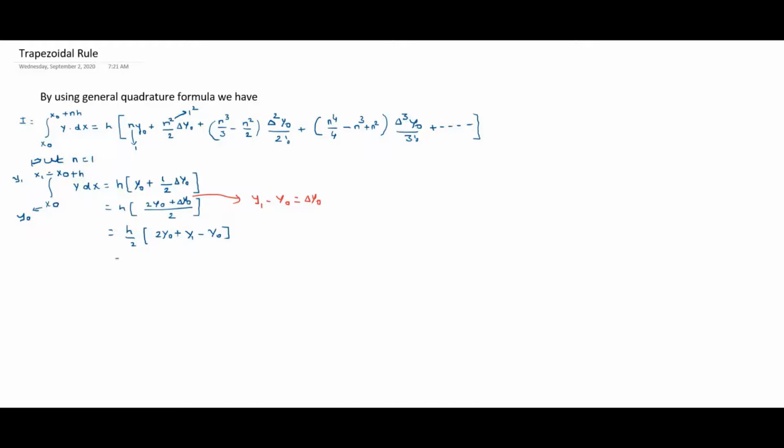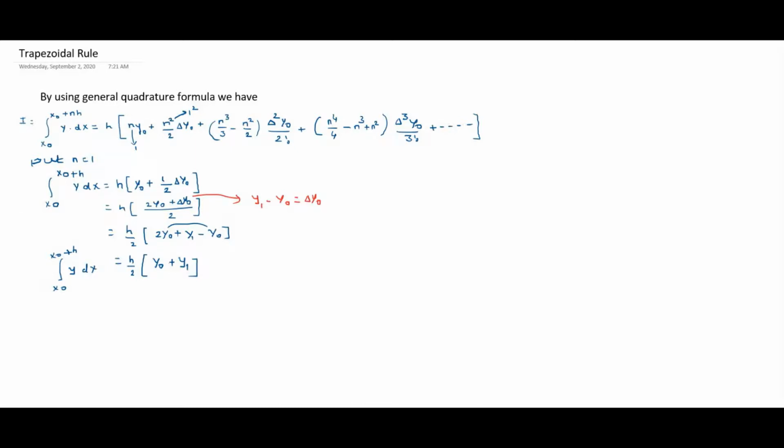This is equal to h divided by 2 into bracket, this 2y0 minus y0 is equal to y0 plus y1 as it is. So this is the first value of integration x0 to x0 plus h y into dx.